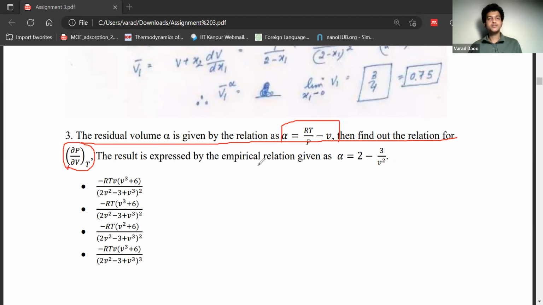The result is expressed by the empirical correlation given as this. So you have been given this, and what you want to find is dou p dou vt. Anybody who would like to try it can try. I'll give 2 minutes, and then I will be showing the solution.